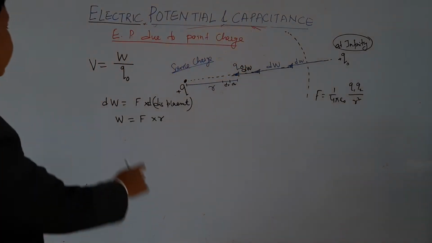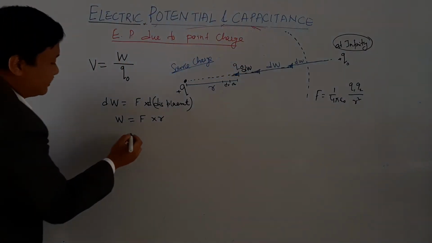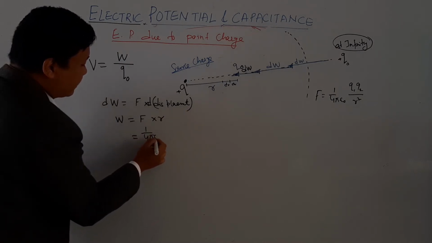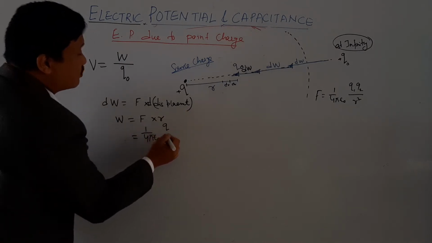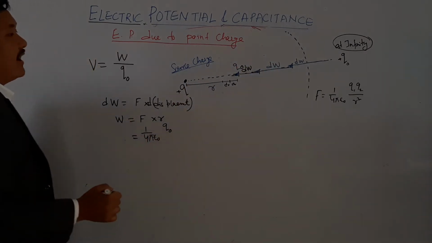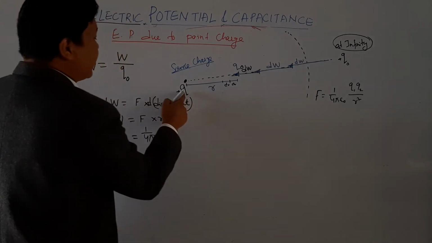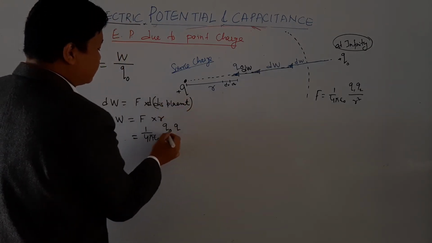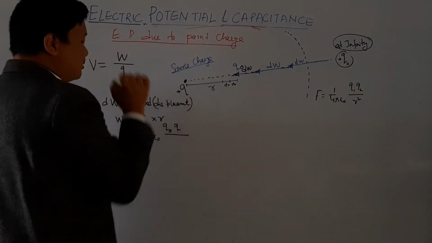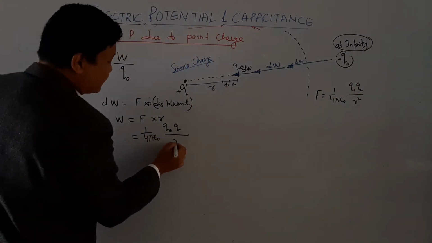Okay, I am finding work done. So let me write this one. How much is the force? It is 1 by 4 pi epsilon naught, Q1 is my Q0, and instead of Q2 I have got Q. Please remember this one. Q1 is my Q0 and Q2 is my Q, divided by R square distance.